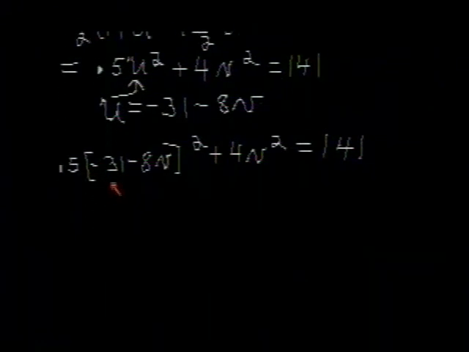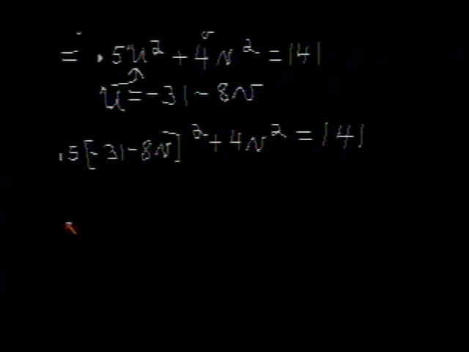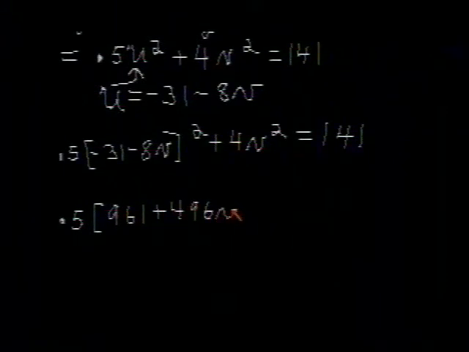Our next step is to square the quantity in the brackets. We have 0.5 multiplied by 961 plus 496 times v plus 64 v squared plus 4v squared is equal to 141.